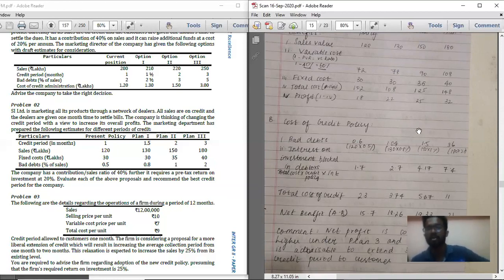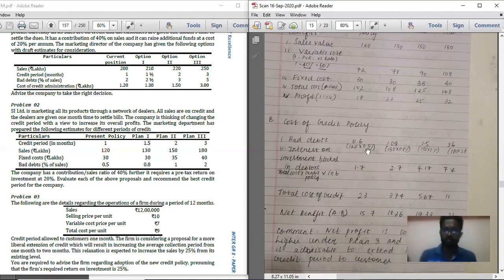And for plan 2, open a bracket, 125 total cost, 125 into 2 divided by 12 into 20%, that is 4.17 lakhs. And for plan 3, in the last column, within bracket 148, total cost is 148 into 3 divided by 12 into 20%, that is 7.4. In the last column, record 7.4 lakhs.